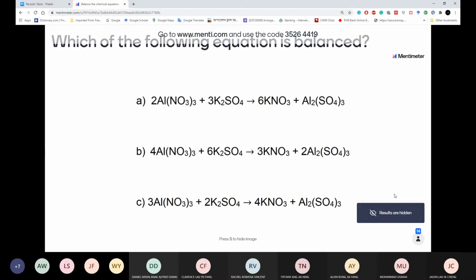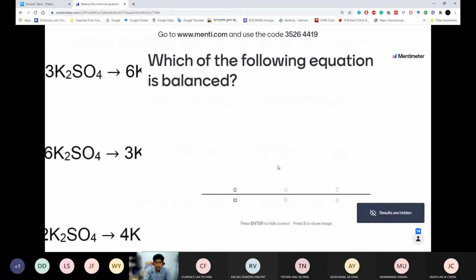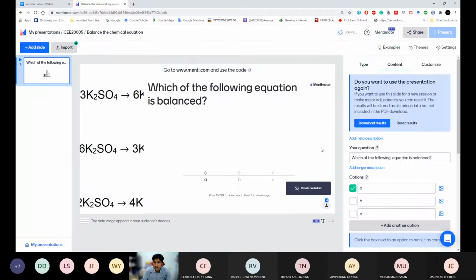Keyboard shortcut is C. There is some problem, I think. Why can I not see how many of you voted?